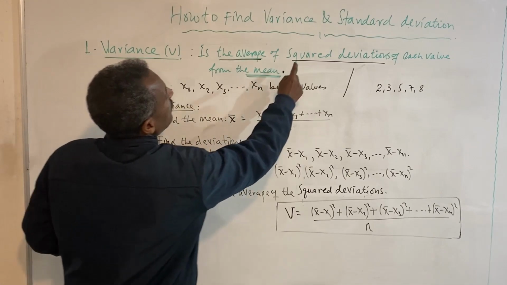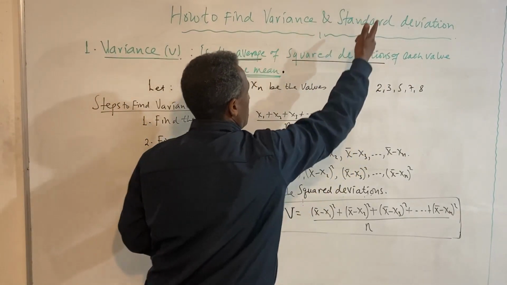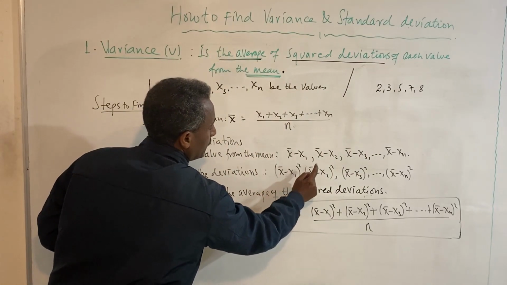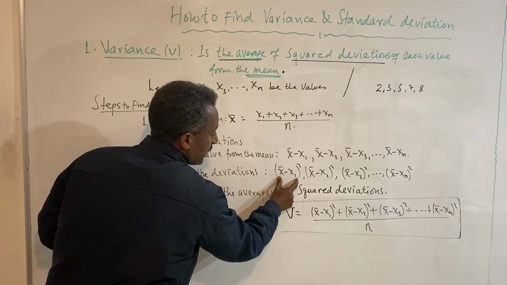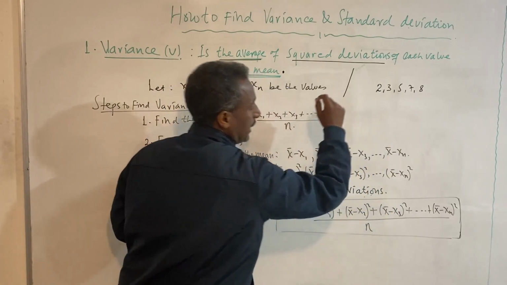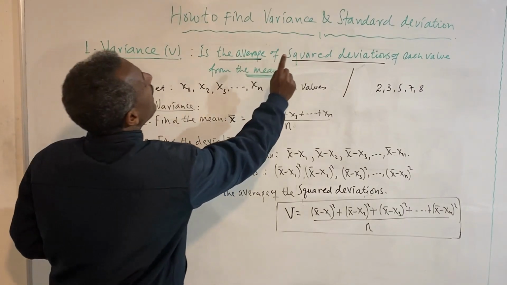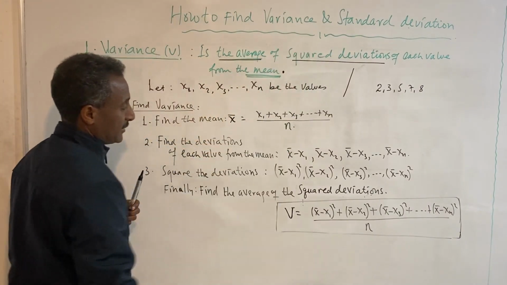It says squared. These deviations are supposed to be squared. We square them: the first deviation squared, the second deviation squared, the third deviation squared, the last deviation squared. We take the average of these square deviations.